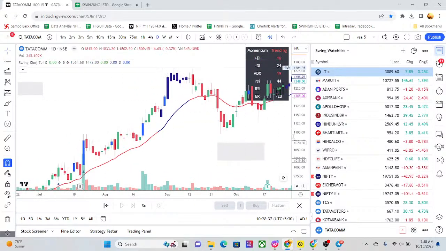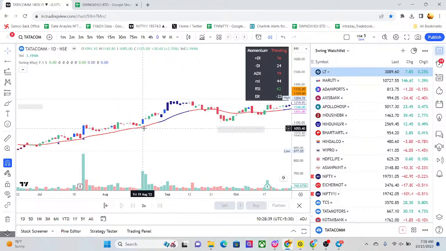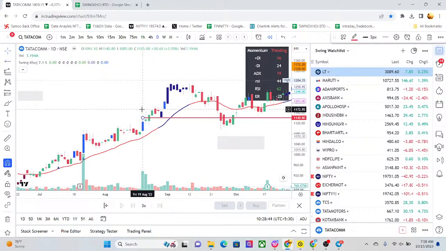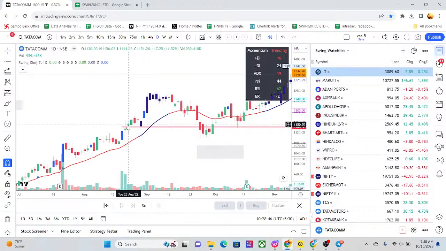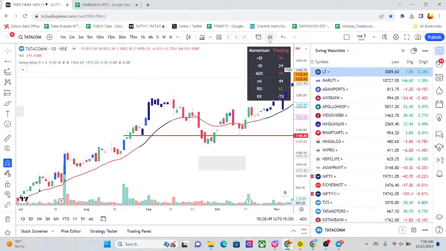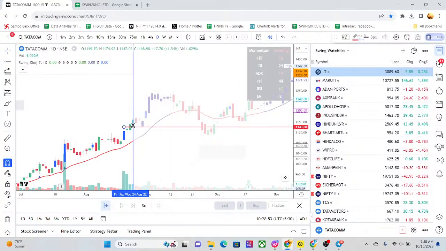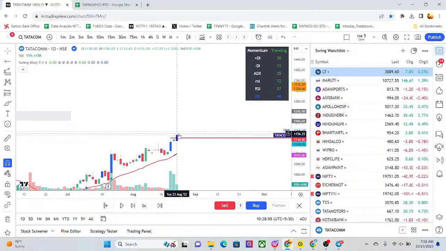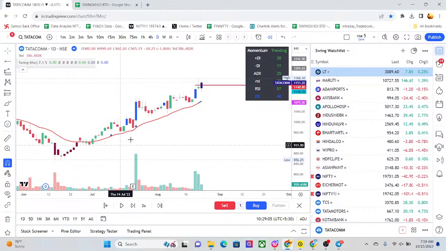Okay, I think this is the blue bar. You can see here we mark the high of the blue bar. So close above somewhere here. You can actually go into backtest and see if the entry was valid. You can see we have got a close above and also the ER is above 25 and it is blue. So this is a valid entry and it is in an uptrend, right? It's not the first blue bar after the downtrend, right?